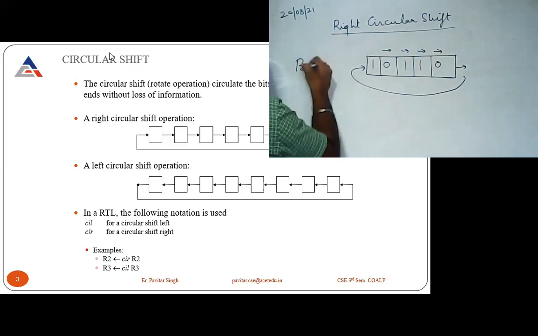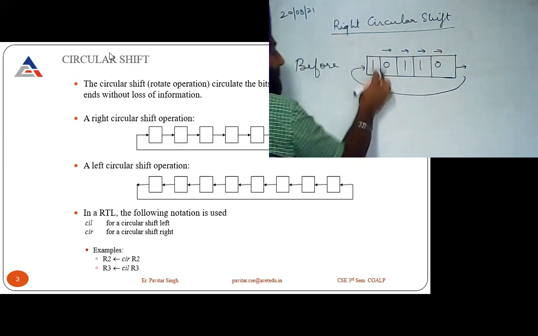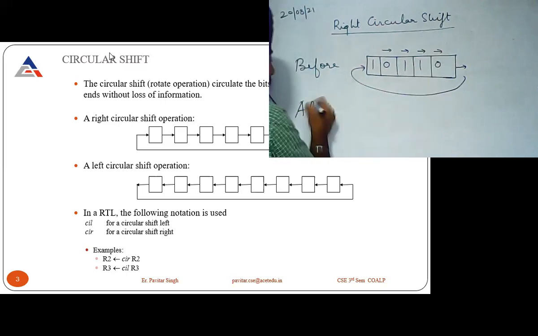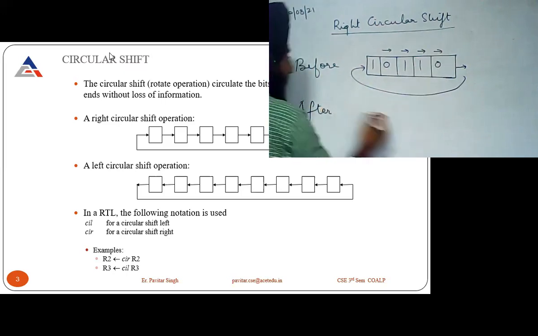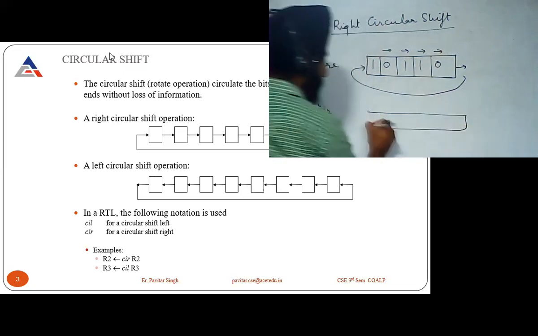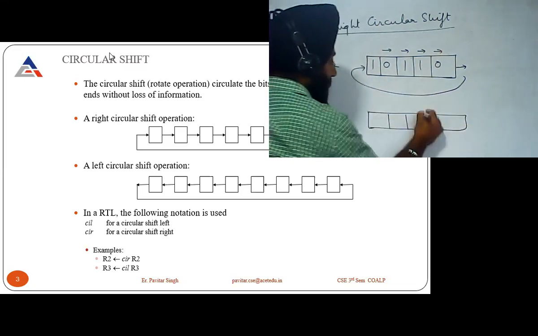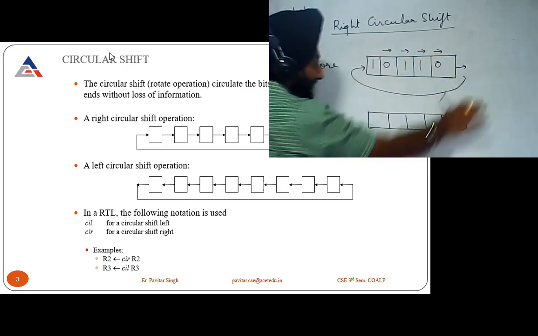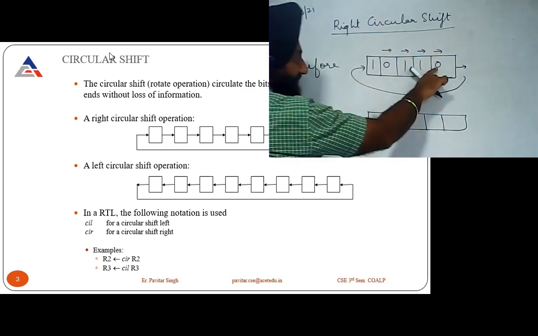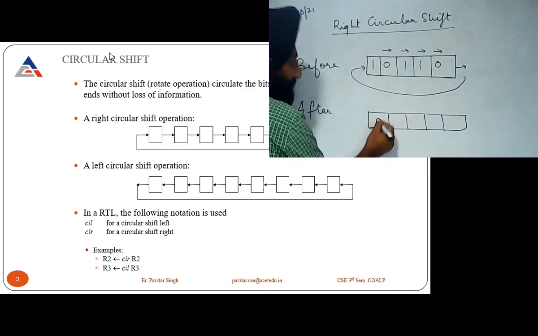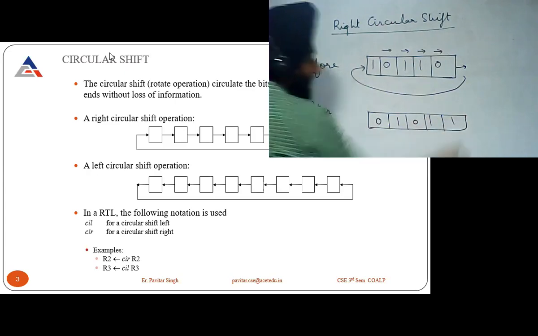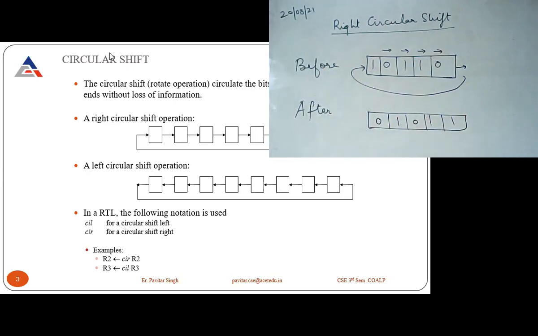So before the shift, your data is 10110, right? And after performing the shift, this zero will be taken to the first position, and all the others will be shifted to the next, next, next. I hope the concept is clear.